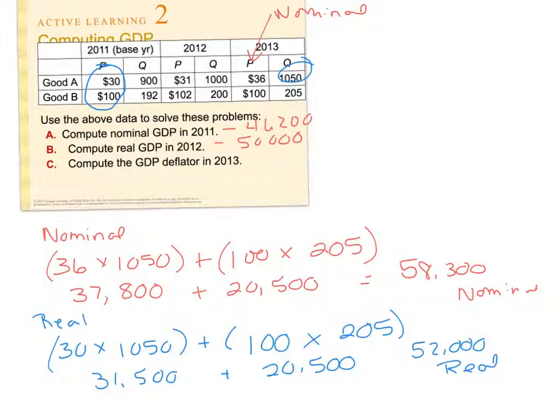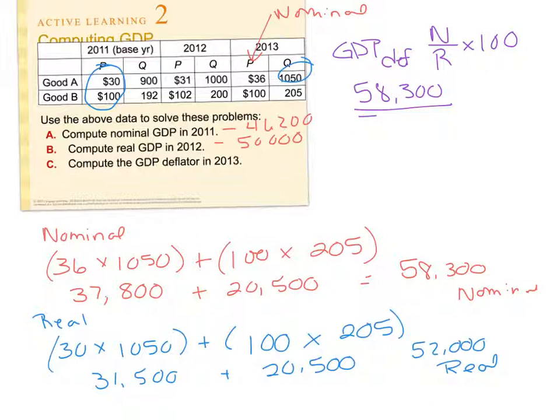At this point now, I can go ahead and complete the GDP deflator. So remember, the GDP deflator is nominal divided by real times 100. So I'm going to take my nominal GDP of 58,300 and divide that by my real GDP of 52,000 and multiply that by 100.